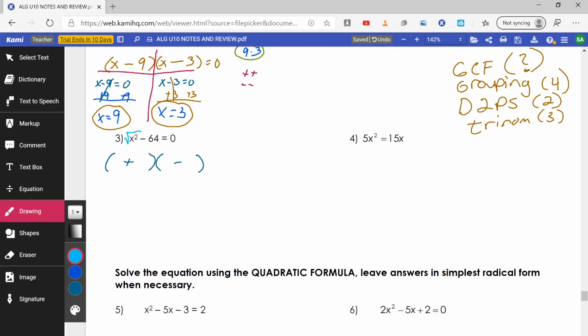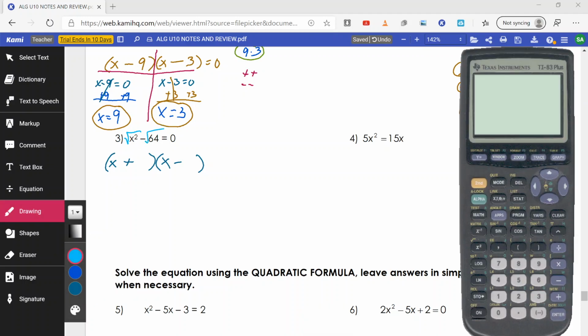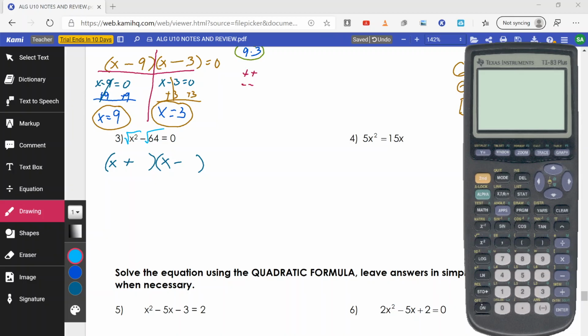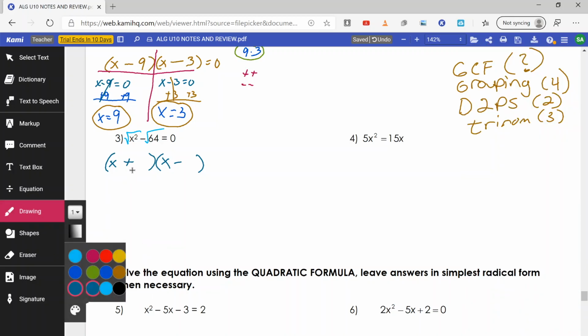So we take the square root of x squared, which ends up being just x. So that comes first. And then we take the square root of 64. When I take the square root of 64, I get 8. So 8 will go in parentheses, and we are equal to 0.